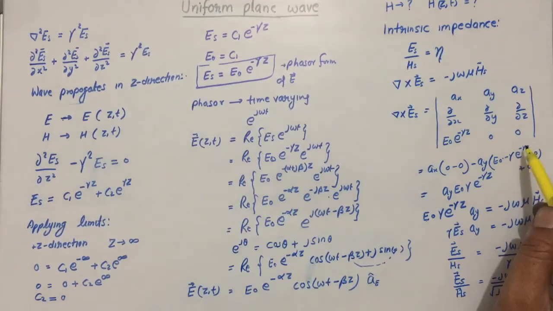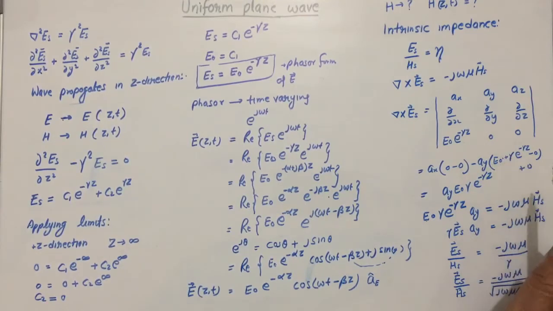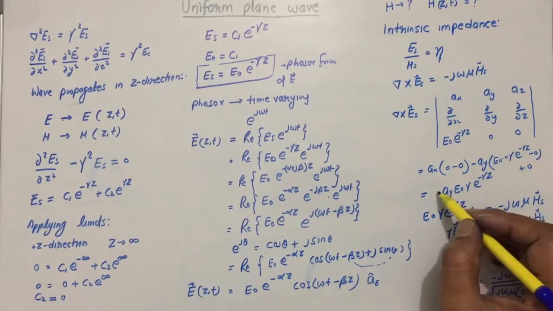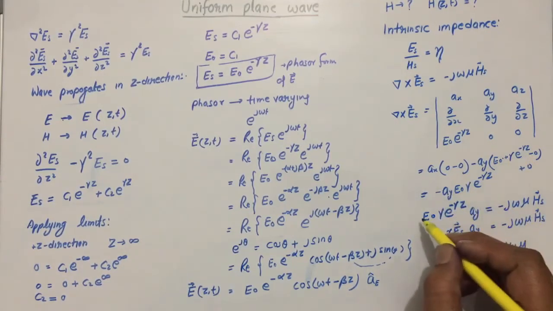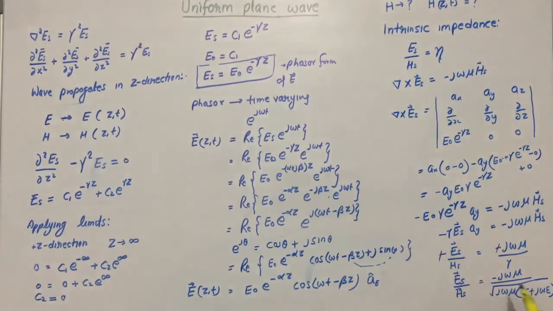So the differentiation gives minus gamma, and this minus, both will be plus. Now I think it is okay. So the value should be minus, and according to that here it will be minus, here it will be minus, and here it will be minus. Minus and minus will cancel out. The remaining term will be this.